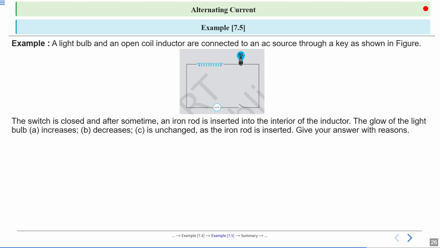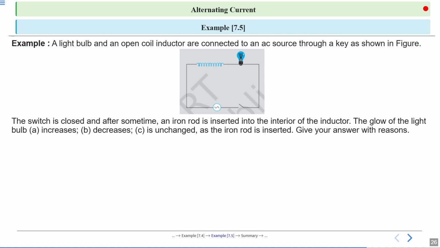An iron rod is a ferromagnetic substance. It is inserted into the interior of the inductor, like we insert some material core in the interior of the solenoid. So what will it increase? It will increase the magnetic flux through the coil.